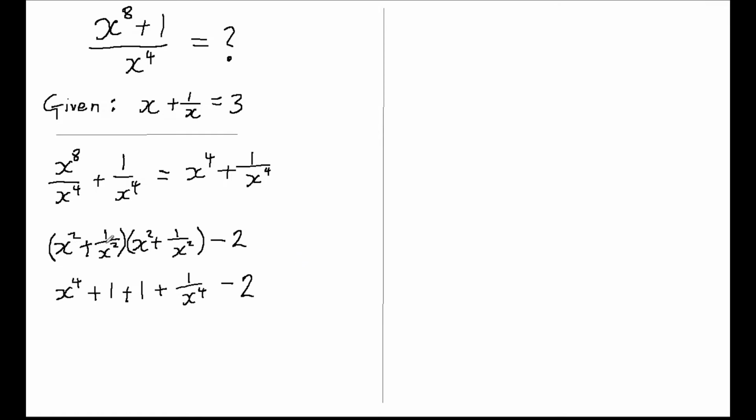We're now down to x squared plus 1 over x squared, and we need to get down to x plus 1 over x. So let's do the same thing again and try and break this down by factorising it. Okay, I'm just going to write this term down again. So we want to factorise x squared plus 1 over x squared.